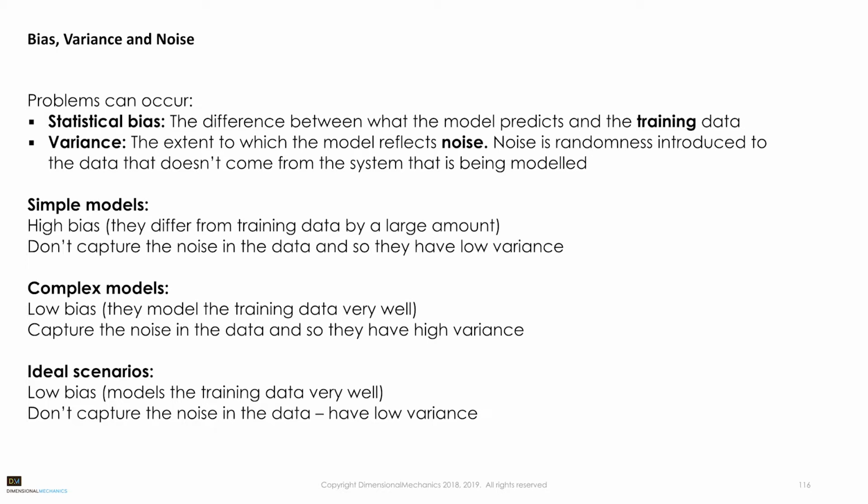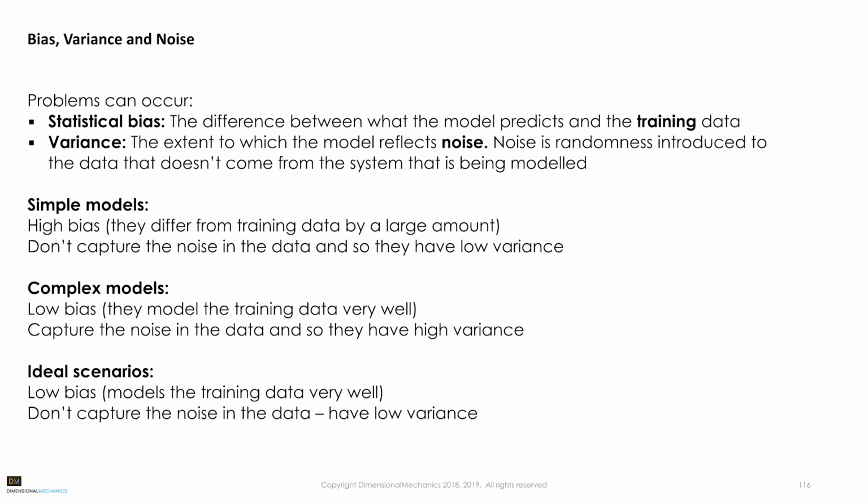One is called bias, and that's essentially the statistical bias, the difference between what the model predicts and the actual training data. And the variance is whether your model picks up noise or whether it's really learning something.